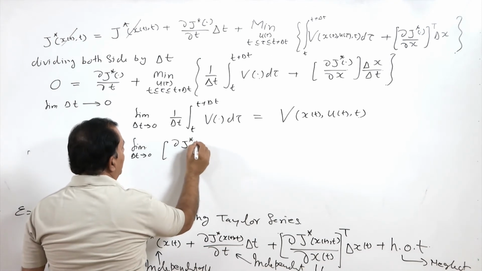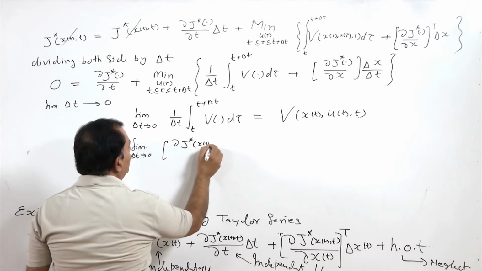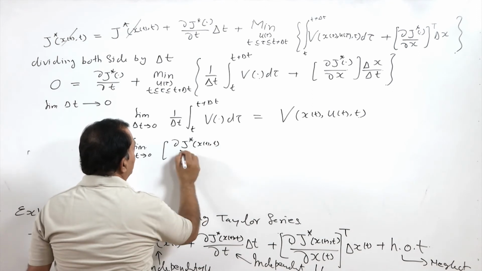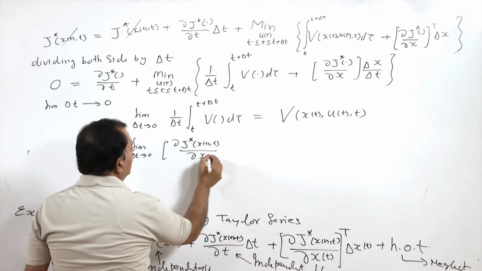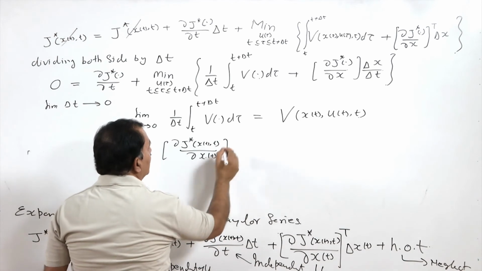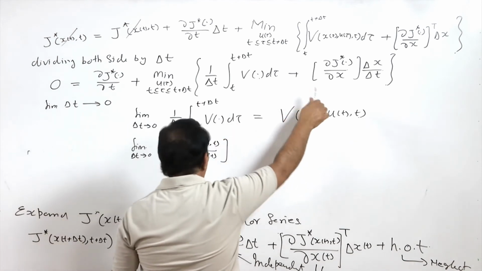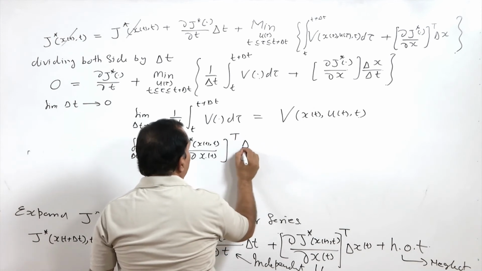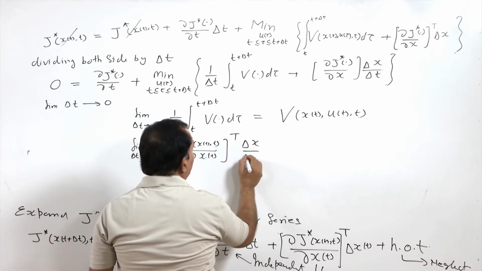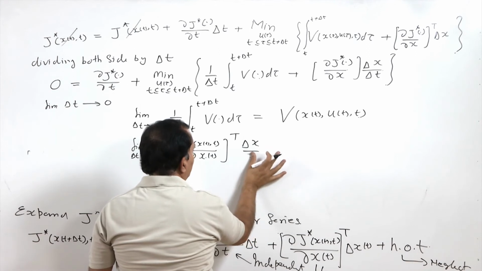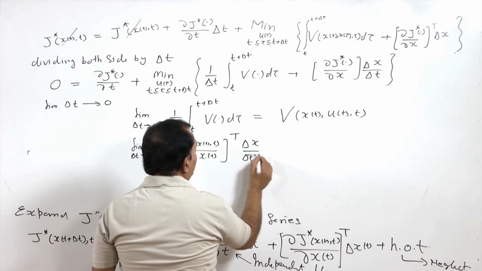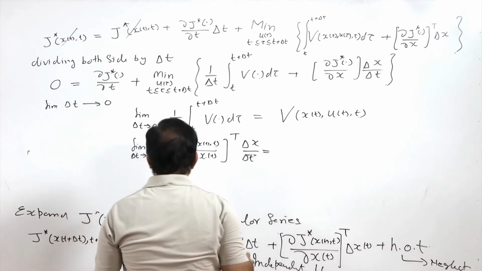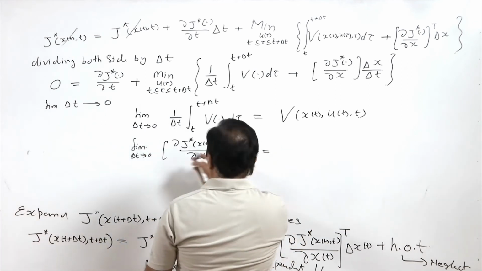For the second term, del j star by del x transpose times del x by del t, which can be written with this limit.